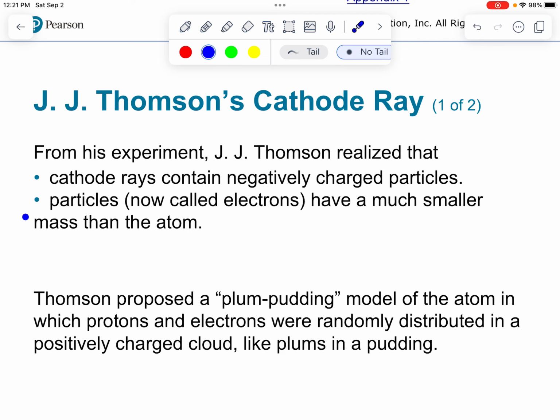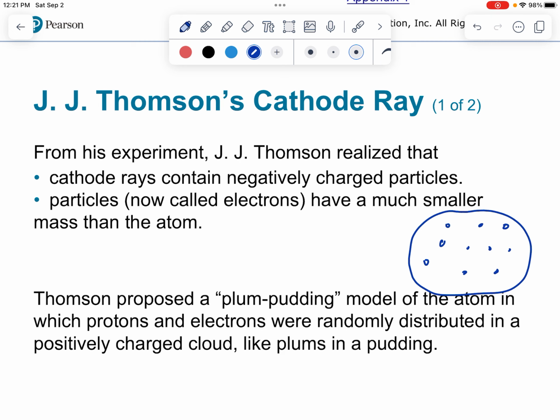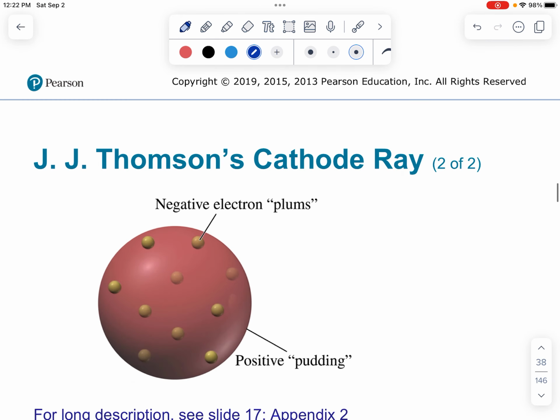And he had originally thought that the atom was arranged with what was called the plum pudding model, where there were what would be raisins in plum pudding. He thought that protons and electrons would be randomly distributed in a large cloud. That would be the structure of the atom.